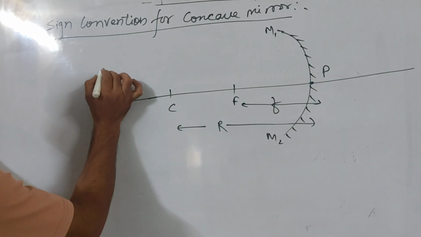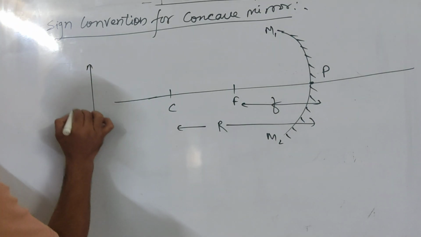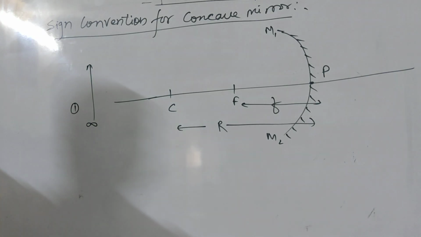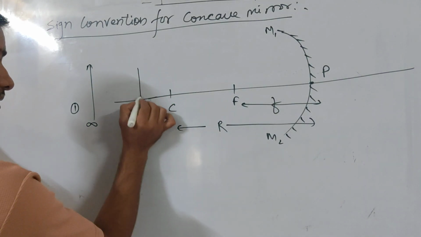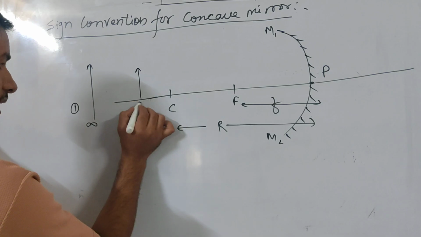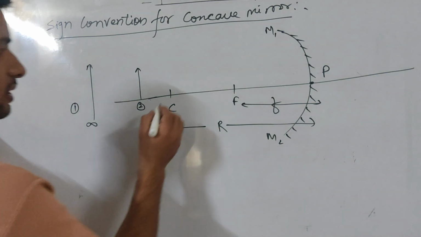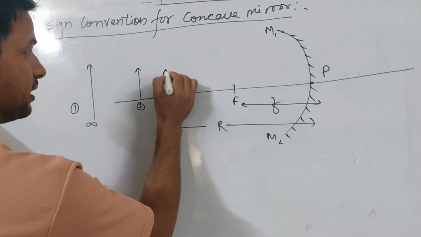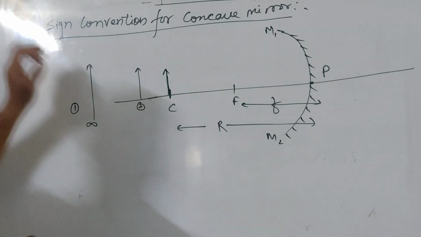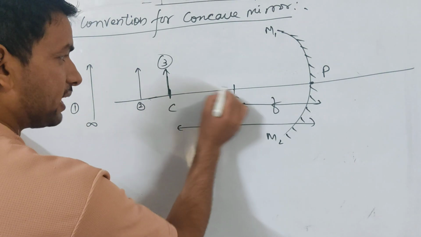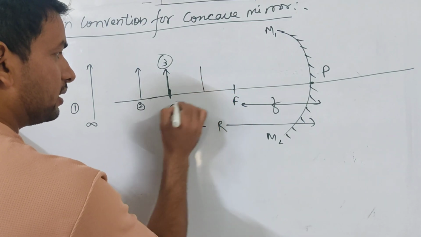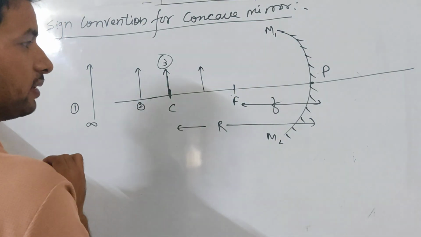Means first we will take object is at infinity. This is the first case when object is at infinity. Second case when object is beyond C. Third case when object is at C, means object is at center. Fourth case, when object is situated between C and F, right?